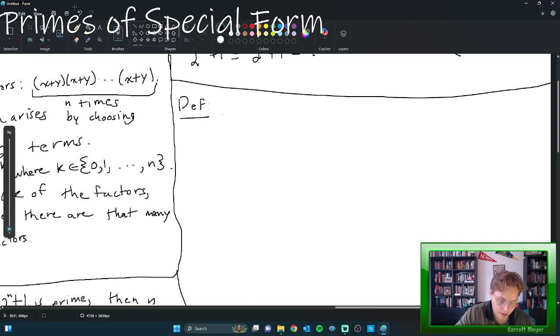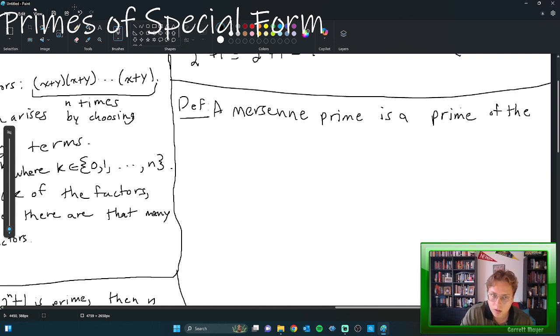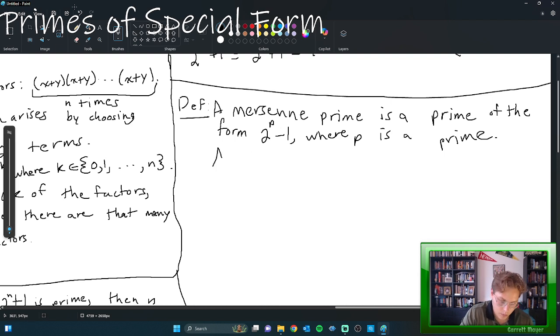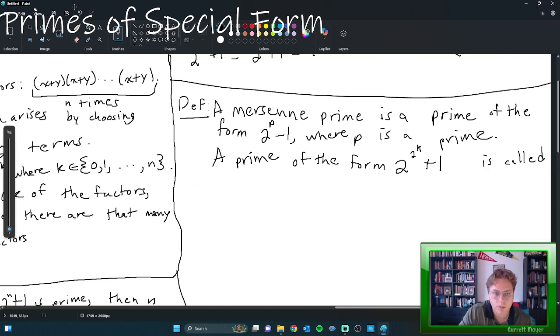So the definition: 2 to the p minus 1, where p is a prime, of the form 2 to the 2 to the k plus 1 is called a Fermat prime.